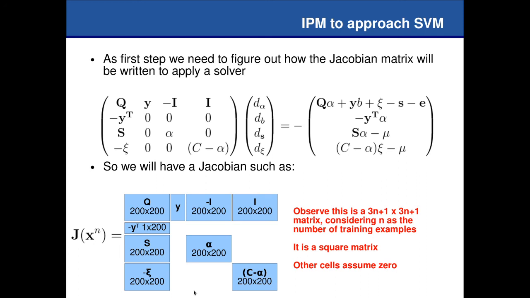This is a block with, of course, 3n plus 1 rows and 200 columns multiplied by 200 elements. And this is, of course, this block of 3n plus 1 rows and 200 columns multiplied by 200 values to result into those guys over here. That's why we have this Jacobian matrix like this.